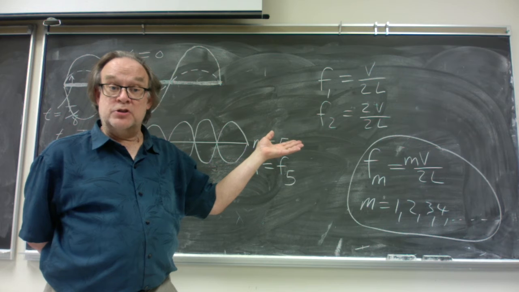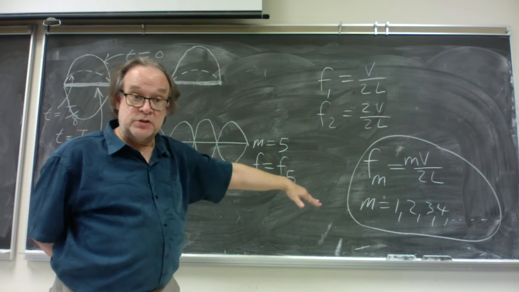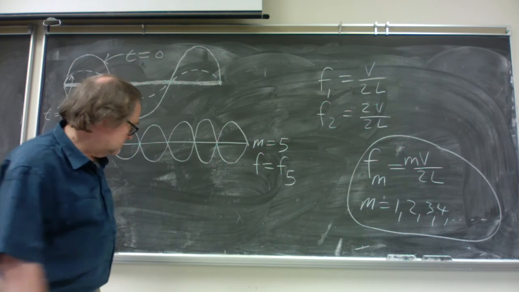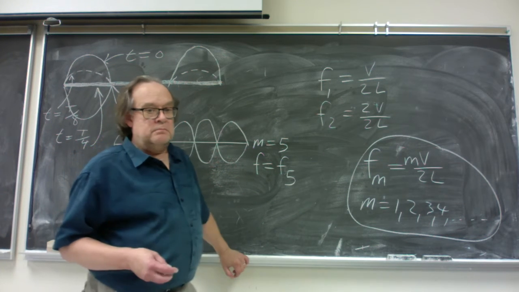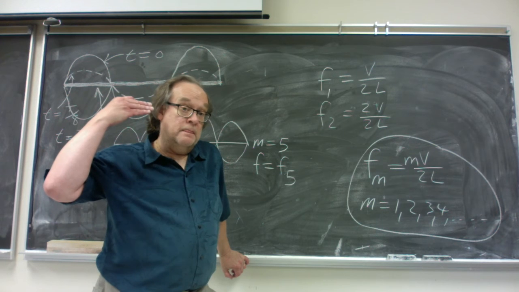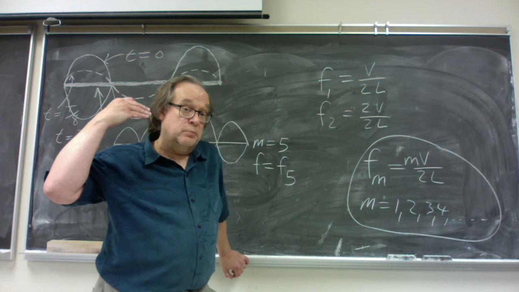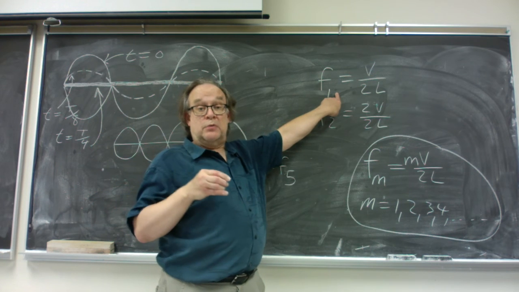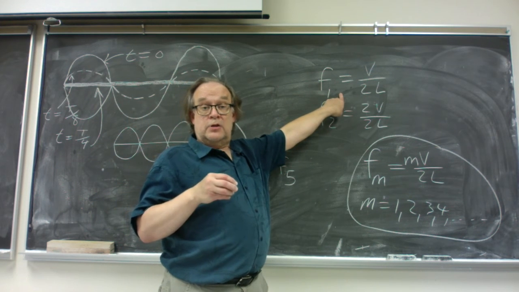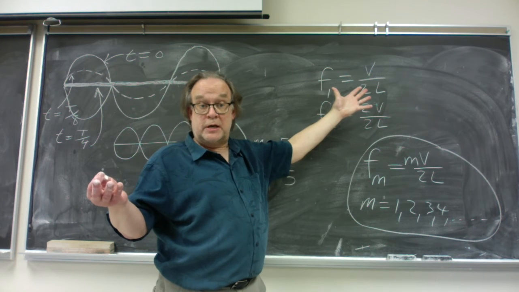Each standing wave is going to make some sound with its own frequency. But the brain, or the ear, hears all those different sound waves at different frequencies, but the brain manages to pick out this one and interprets this frequency as the pitch of the sound.